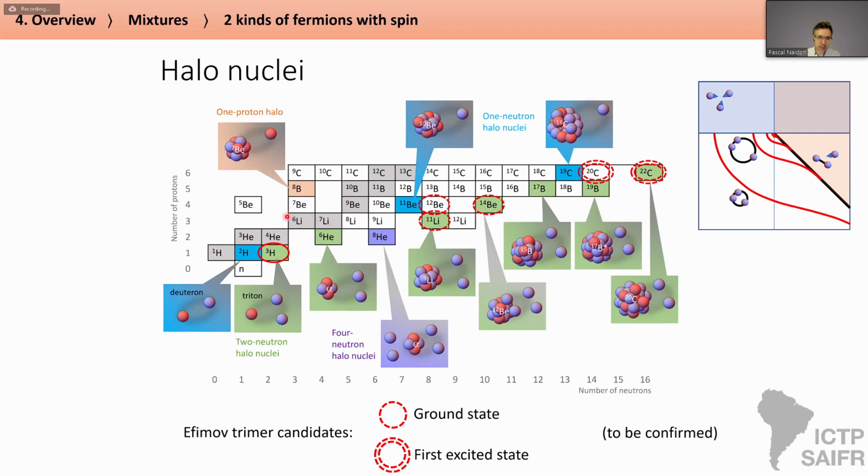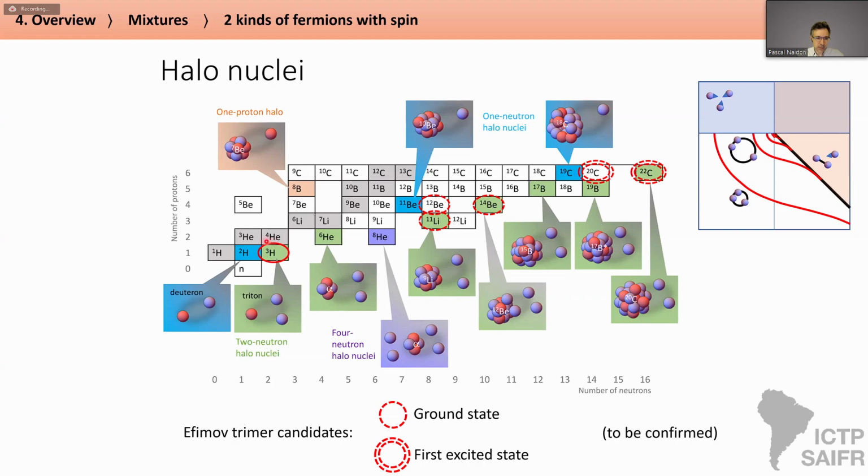That's something that was observed experimentally, and that occurs mostly for either proton-rich or neutron-rich nuclei. For example, here we have neutron-rich systems, and they are relatively short-lived elements compared to the stable ones, with lifetimes from 1 to 100 milliseconds.